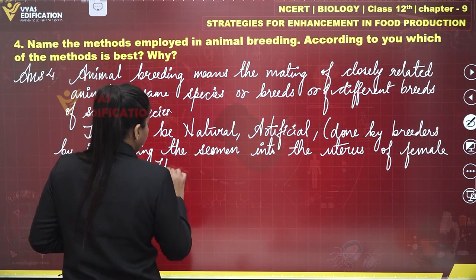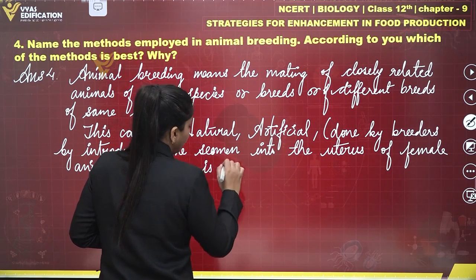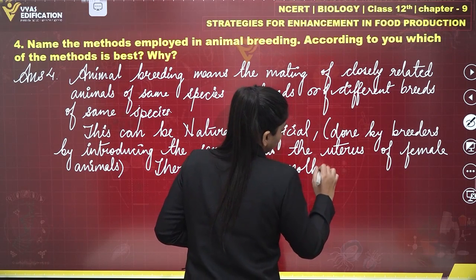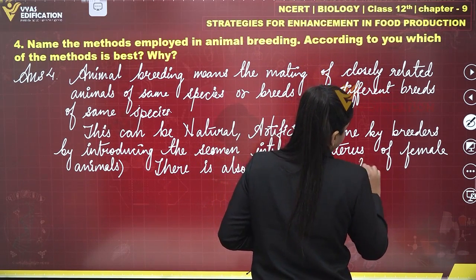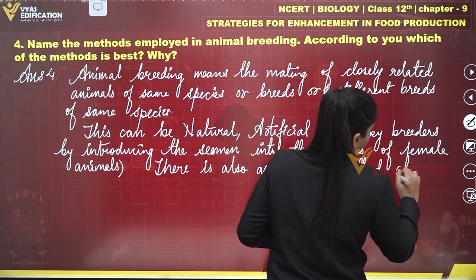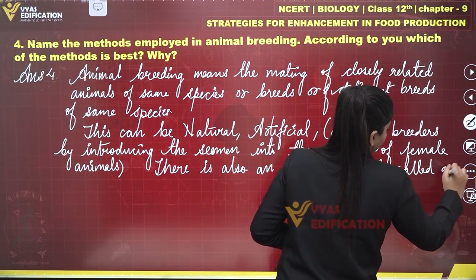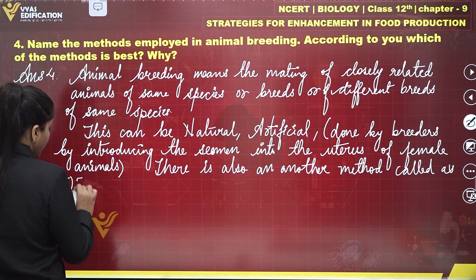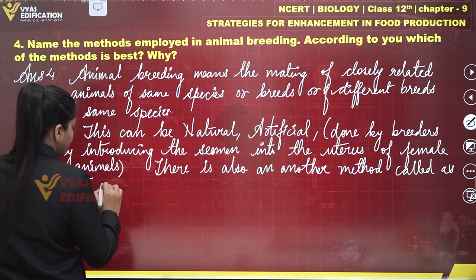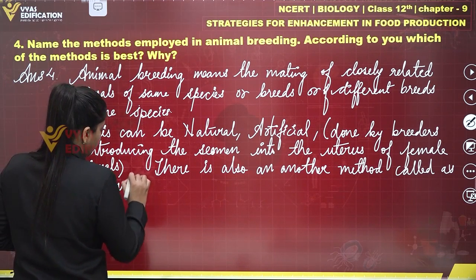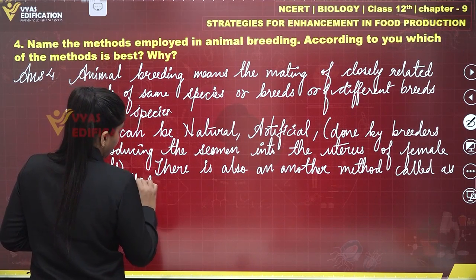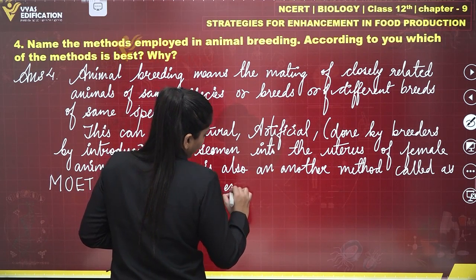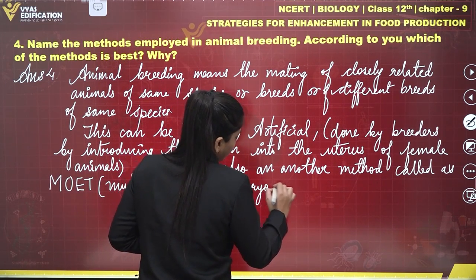There is also another method called MOET. M-O-E-T, MOET. That means multiple ovulation embryo transfer.